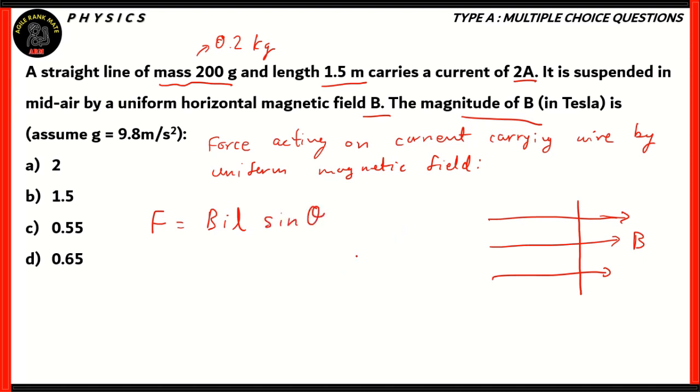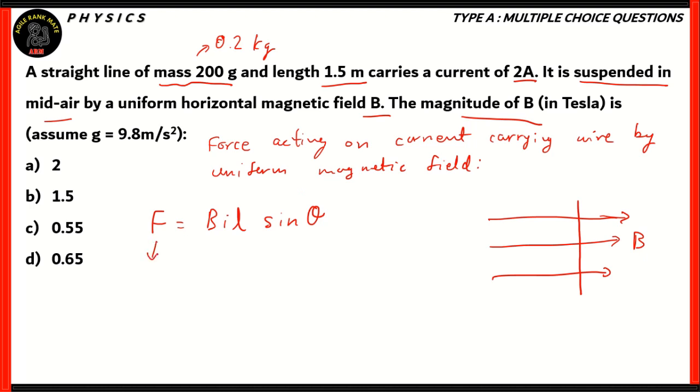Okay? Now, the first part of this particular equation is F, or force. The force acting on a current carrying wire. Now, if you look at the question, it says the wire is suspended in mid-air. That means the weight of that particular wire or straight line is cancelled out by the force that the magnetic field exerts on the line.